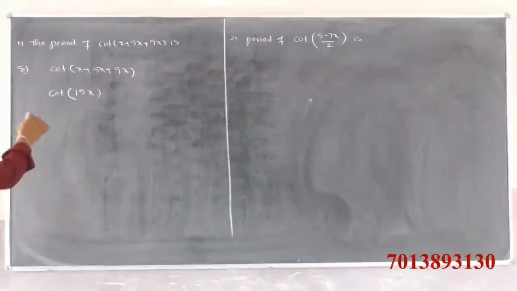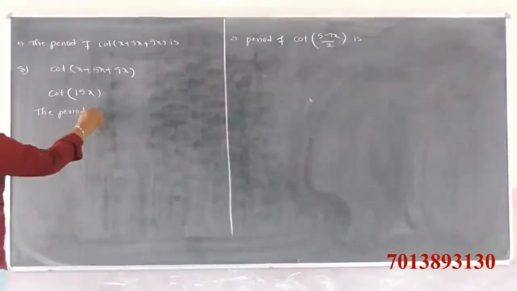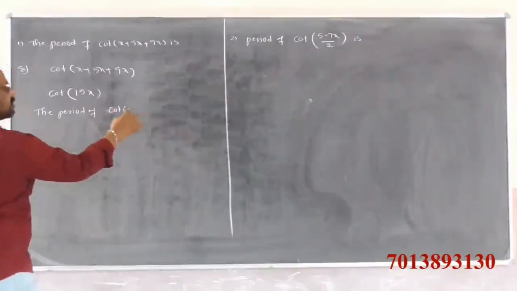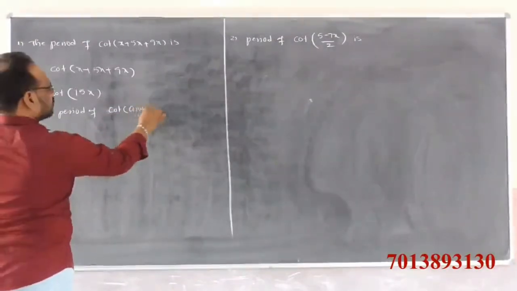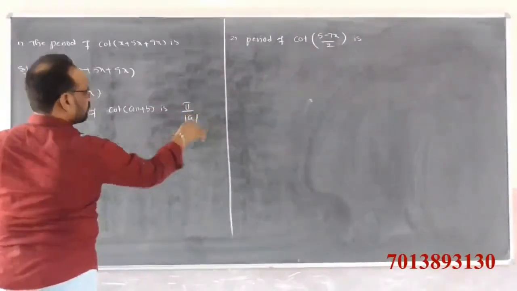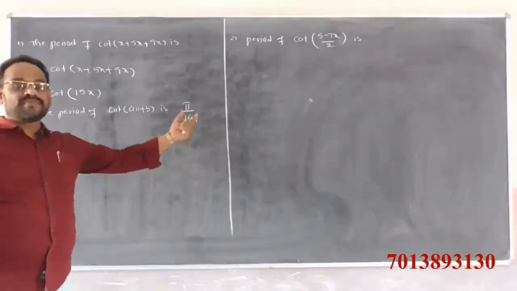Already we know that the period of cot(ax + b) is pi by modulus of a.